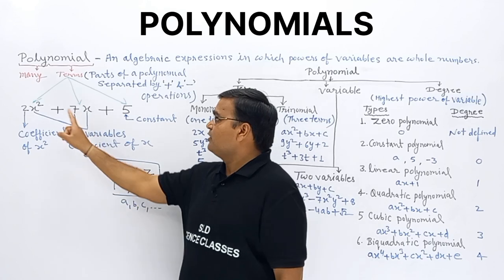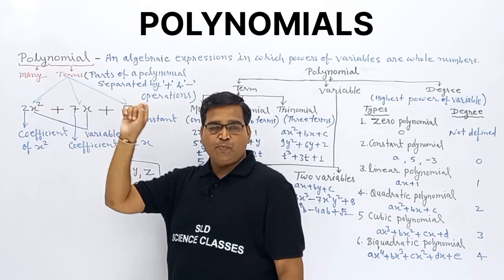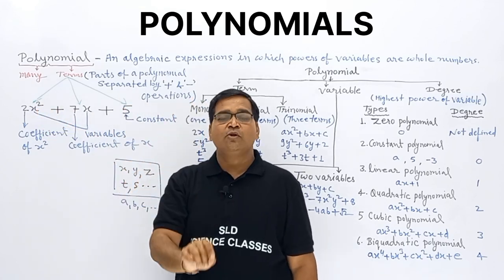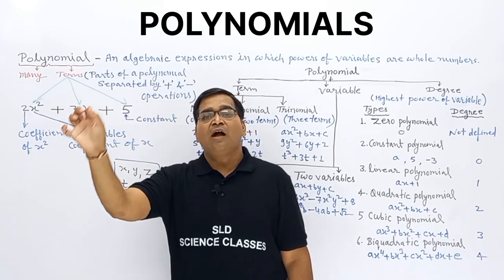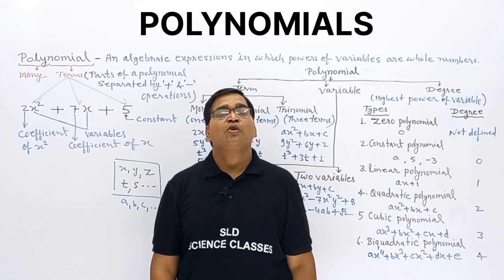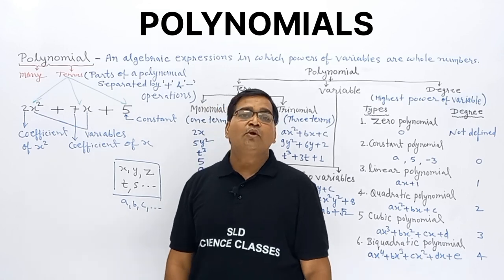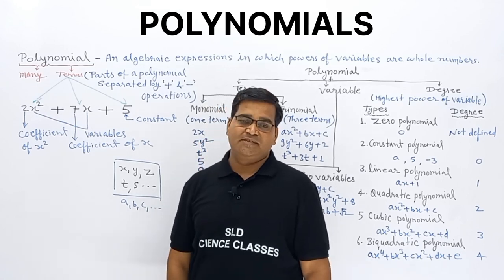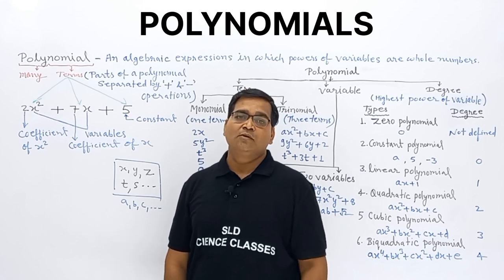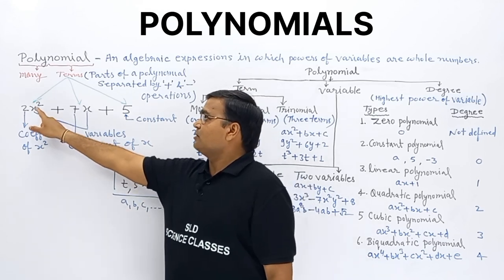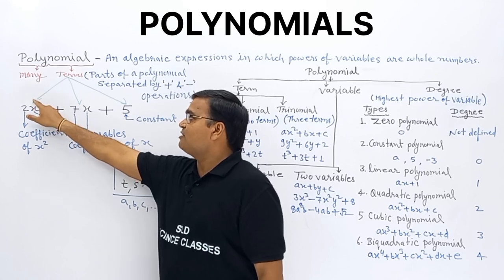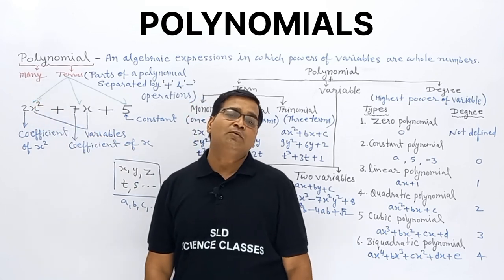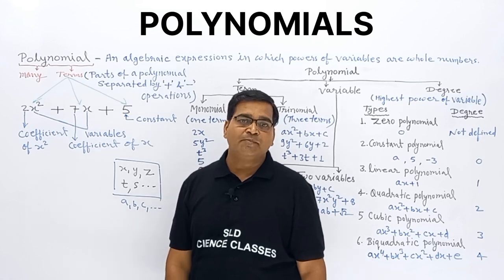In polynomials, variables have powers 0 and the counting numbers. It means whole numbers. We cannot use negative counting numbers. In the place of this, x square is what? A positive counting number, a whole number.